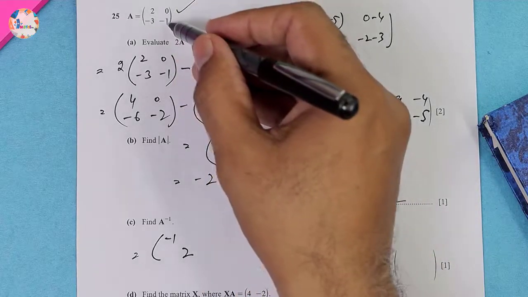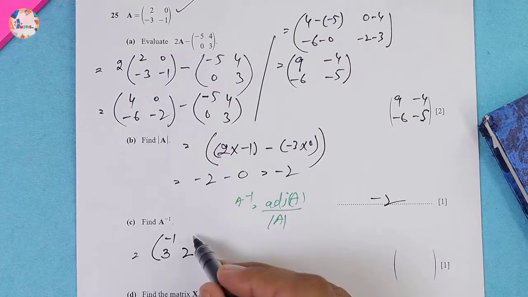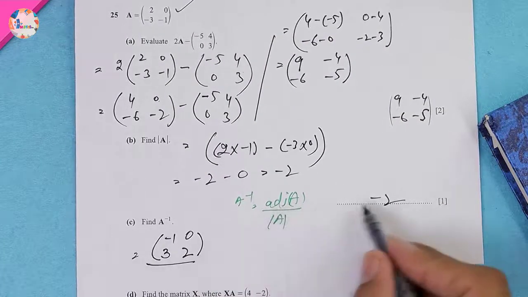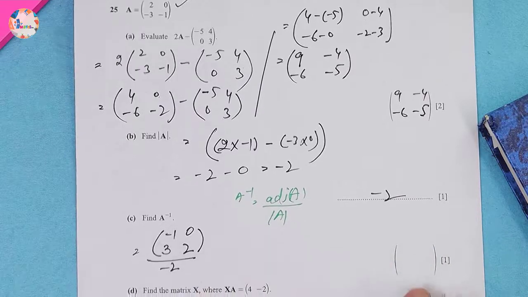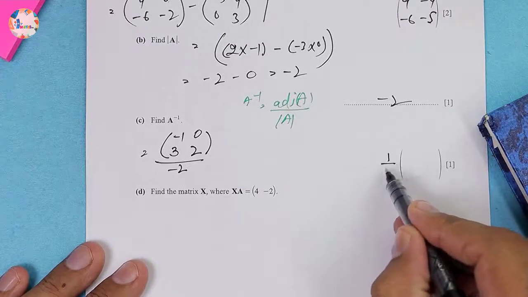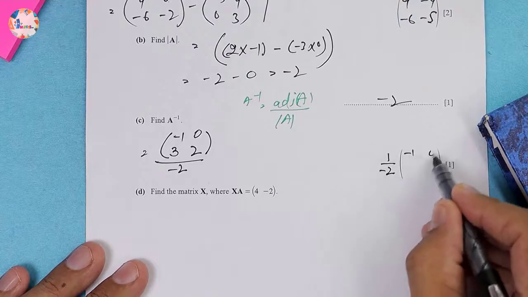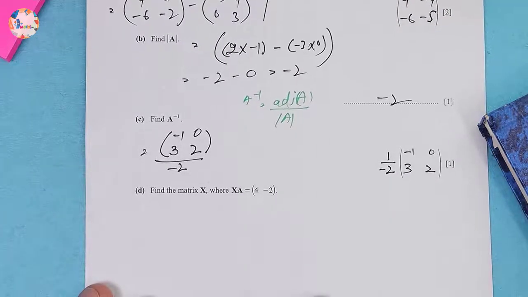We have changed the location of these two numbers and changed the sign of these two numbers, so this will become plus 3 and this will remain as 0, and divided by A mod, which we have already calculated as minus 2. Our final answer will be 1 over minus 2 and minus 1, 0, 3 and 2. This will be the answer for this.